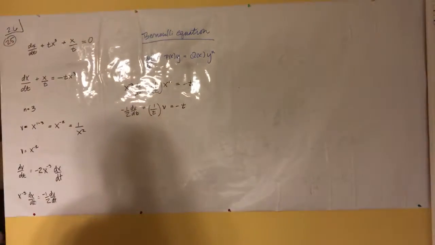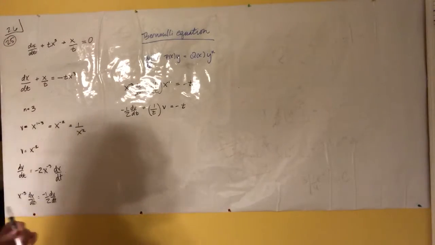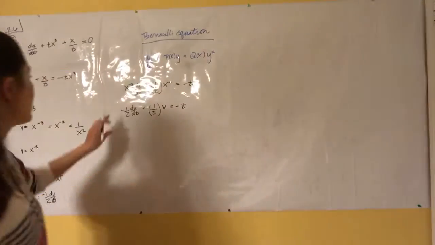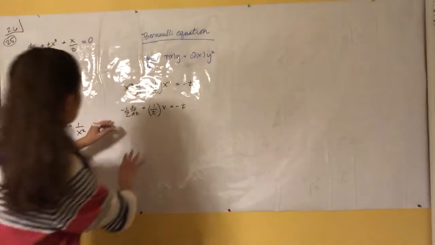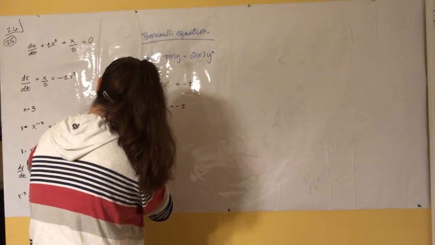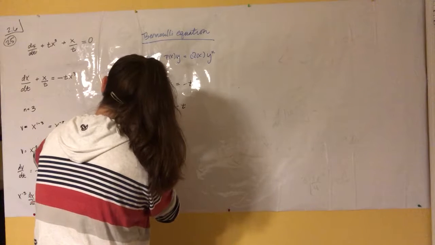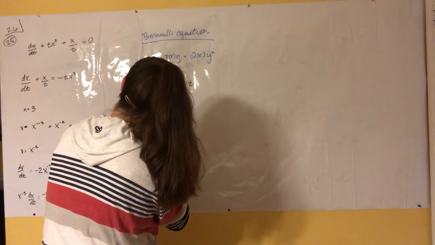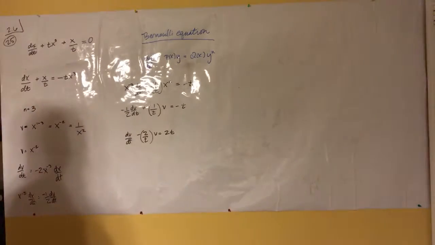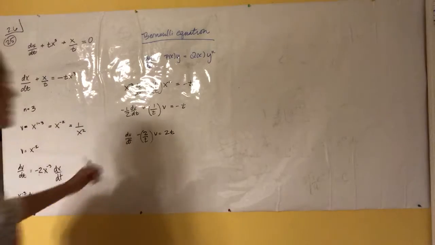Okay. Almost a linear equation. We just gotta do one more thing. We want to multiply everything by negative 2 to get rid of this negative 1/2, okay? Okay. Now it's a linear equation.